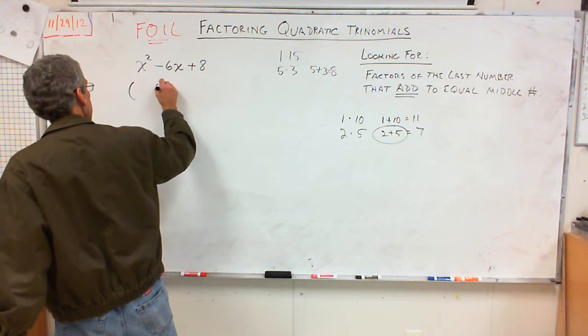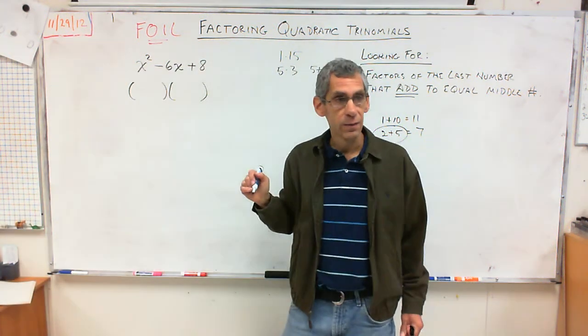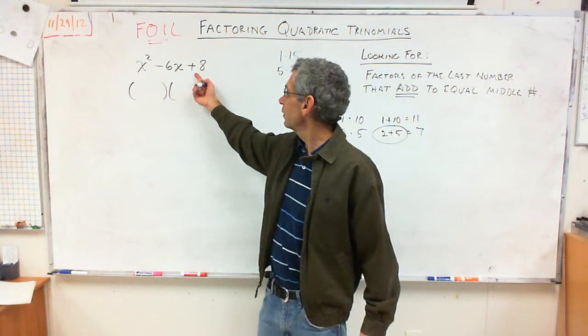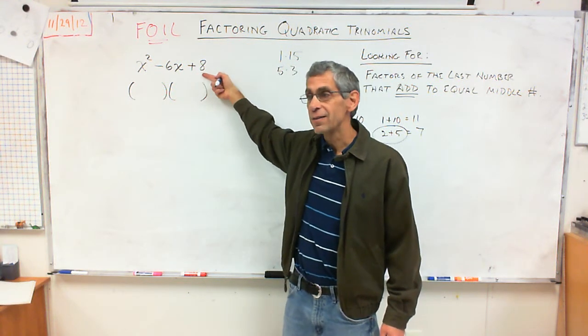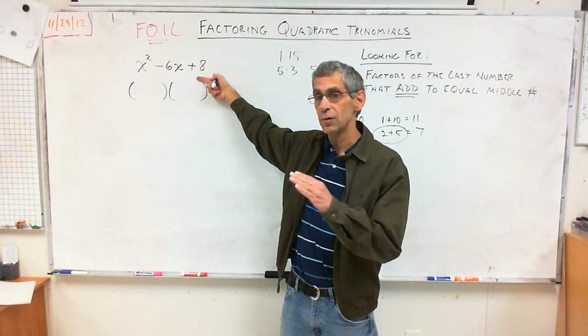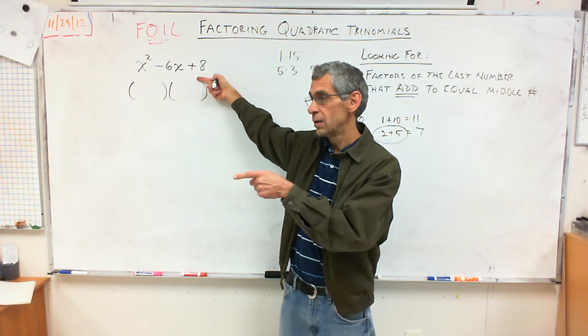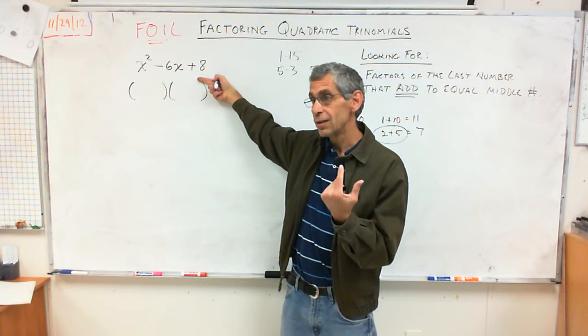Sometimes it helps to think about what the signs actually have to be. What is the only way I can get a positive 8 here? What would be the signs that would give me a positive number if I multiplied them times each other? Emma? Both negative. Okay, both negative, or both positive.